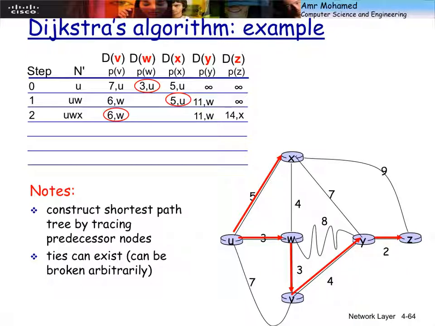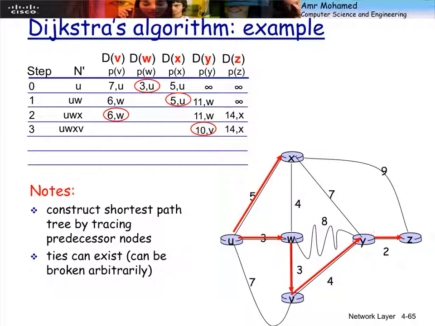So the next, of course, is that now we have V, because V is the minimum, and we added V to N dash. So now we have U, W, X, and V. And we'll keep doing this. So the next one will be the minimum cost for Y, because here, remember that Y has become accessible from W or V. Because V is now part of N dash.